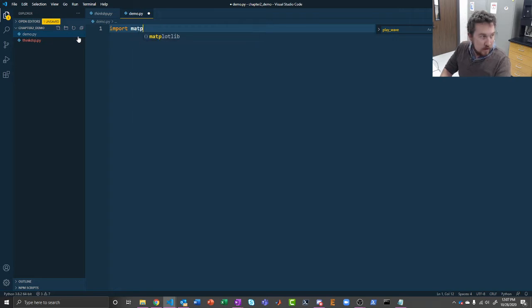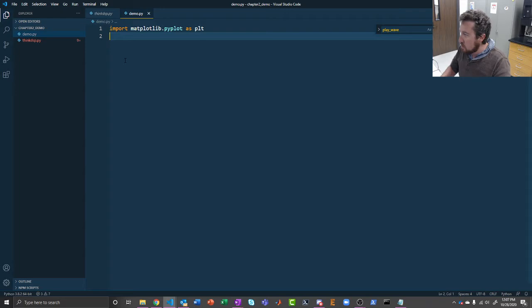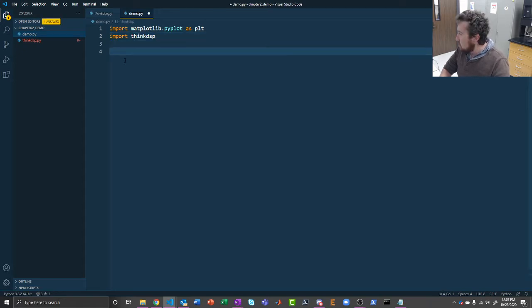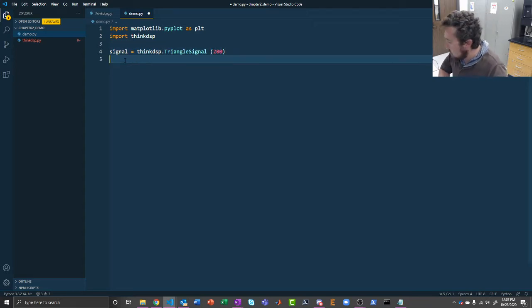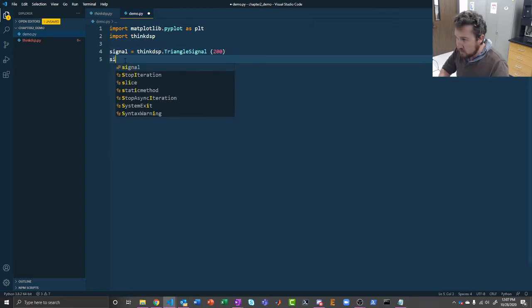Import matplotlib.pyplot as plt, and then import thinkdsp, and then let's make a triangle signal. So we'll say signal equals thinkdsp.TriangleSignal, and let's put it at 200 hertz, and let's go ahead and plot it.